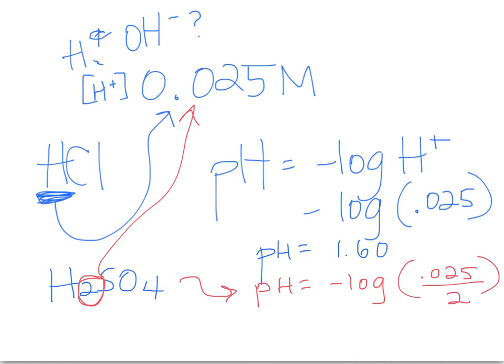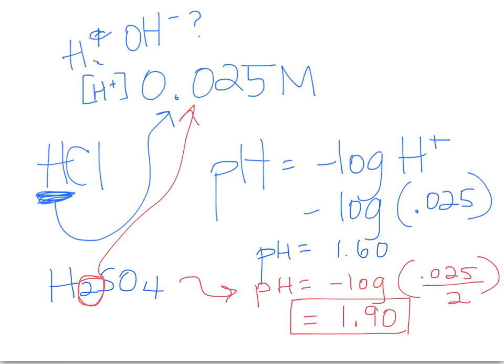And so it's going to change the pH just a little bit. In your calculator, you could hit negative log, and the parentheses pops up, and you can type 0.025 divided by 2, and then it calculates it for you. So you don't have to divide first if you don't want to. It just changes the pH ever so slightly to 1.90. So it's still a very strong acid.